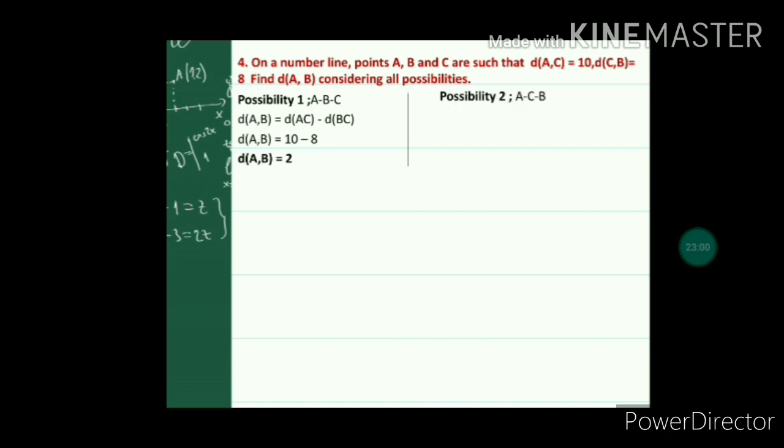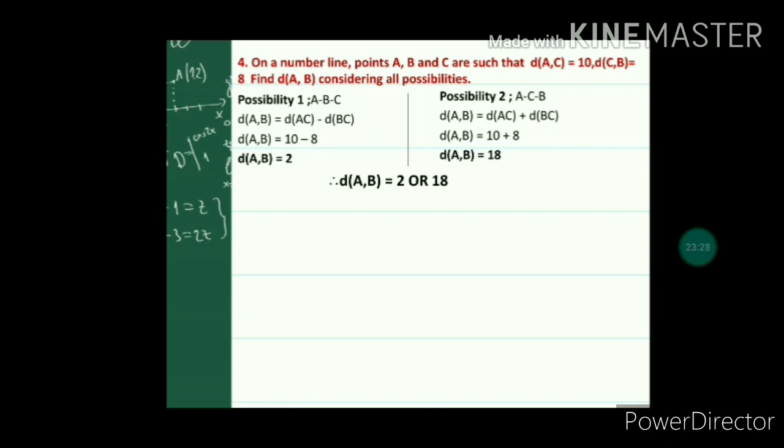Another possibility is C is between A and B. Therefore, distance of AB is equal to distance of AC plus distance of BC. Therefore, distance of AB is equal to 10 plus 8 is equal to 18.